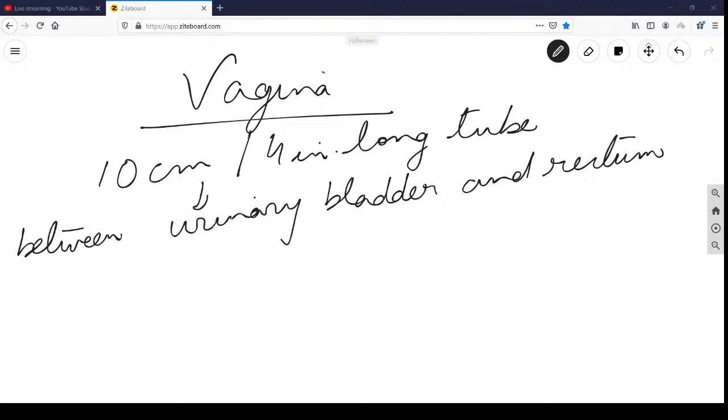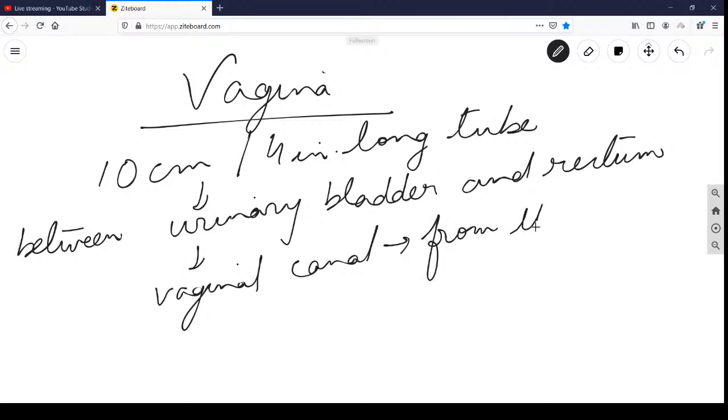Now the vaginal canal leads from the vulva, which is the external genitalia, to the external cervical os.